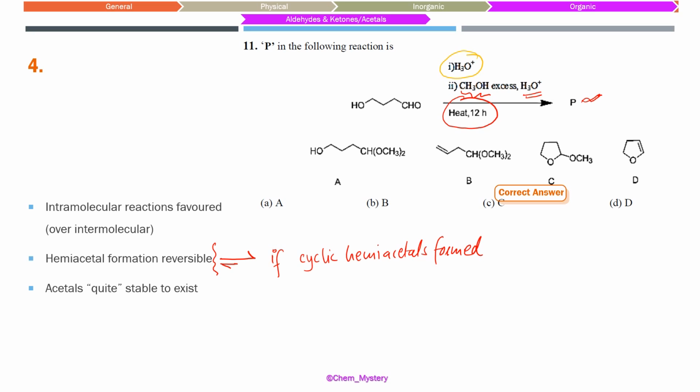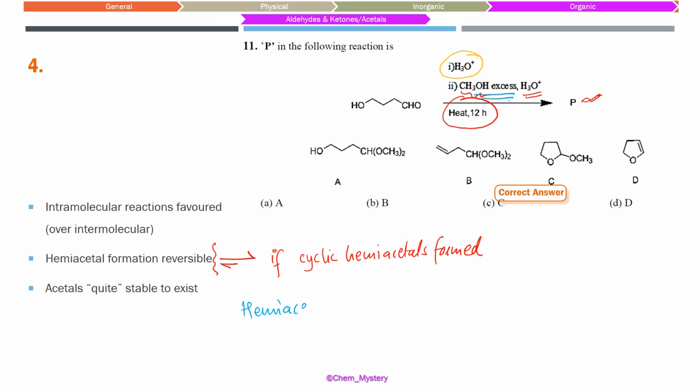In fact, in basic medium, acetals do not decompose, they are stable, and in acidic medium also they can be stable up to a certain extent, but they convert back into hemiacetals or the carbonyl compounds very easily. So in this case, methyl alcohol taken in large excess is to drive the second equilibrium of our hemiacetal to acetal.